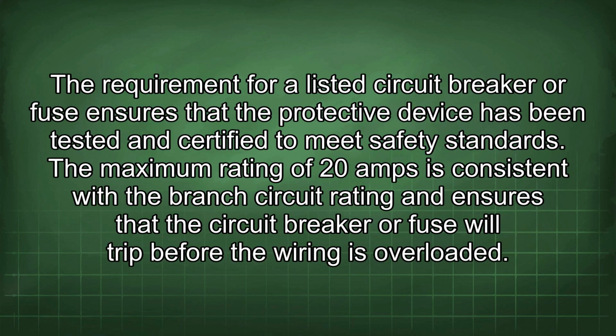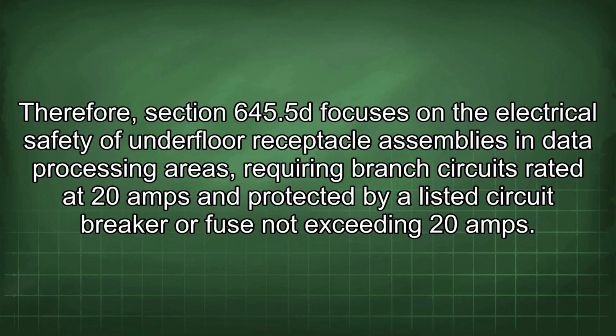The requirement for a listed circuit breaker or fuse ensures that the protective device has been tested and certified to meet safety standards. The maximum rating of 20 amps is consistent with the branch circuit rating and ensures that the circuit breaker or fuse will trip before the wiring is overloaded. Therefore, Section 645.5 focuses on the electrical safety of underfloor receptacle assemblies in data processing areas, requiring branch circuits rated at 20 amps and protected by a listed circuit breaker or fuse not exceeding 20 amps.